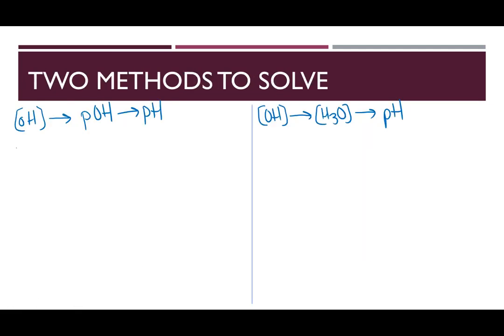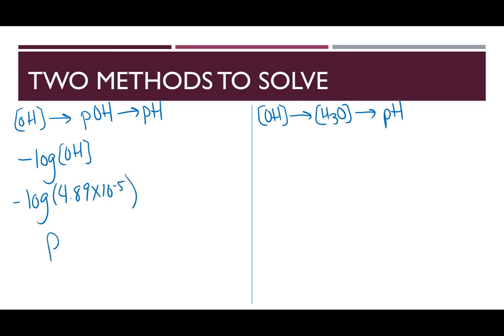So hydroxide to pOH, we would take the negative log of the hydroxide concentration. So negative log of 4.89 times 10 to the negative 5th. So pOH equals negative log of 4.89 times 10 to the negative 5th, which gives me 4.31.